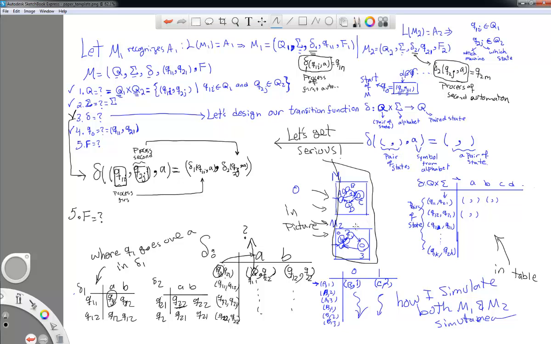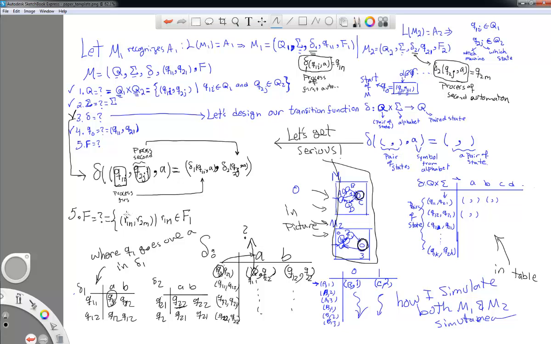When I'm done with processing my symbols, all I need to do is see if the pair of states that I'm in belongs to either one of these two final states, which means that the accept state of my combined automaton is going to be a pair R sub 1 n and R sub 2 m such that R sub 1 n belongs to F sub 1.